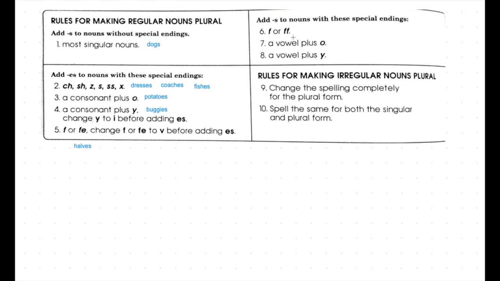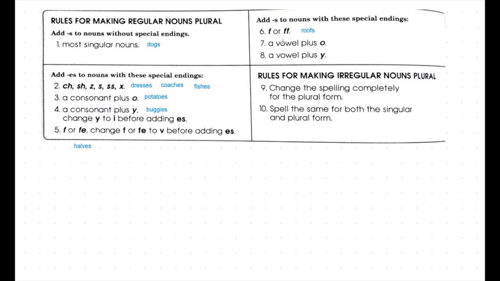The next one, number 6, it says add S to nouns with these special endings if it has F or FF. Like roof. We just add an S.